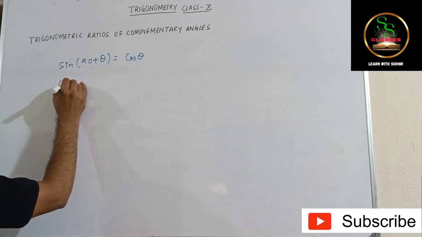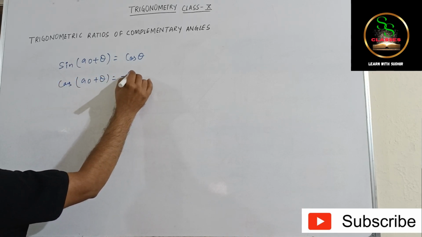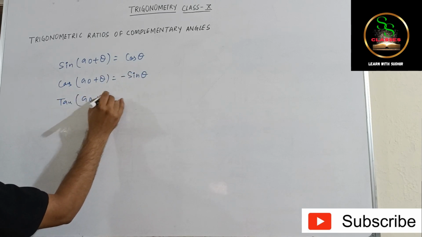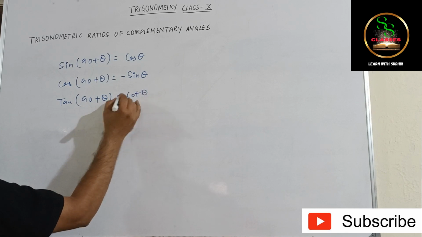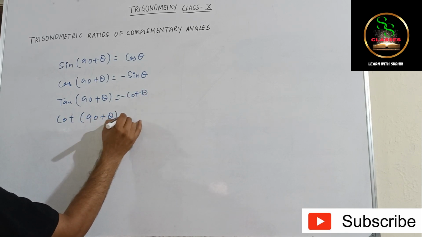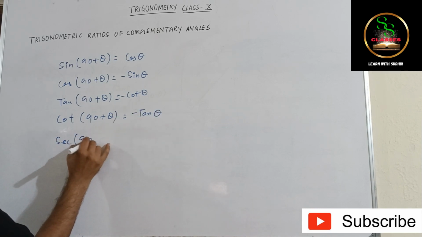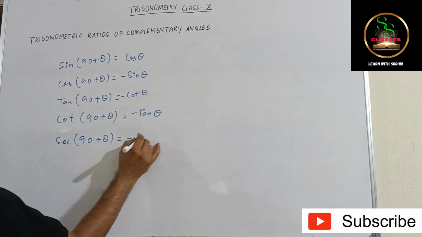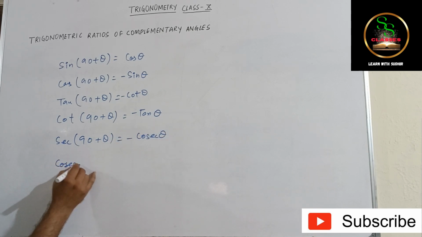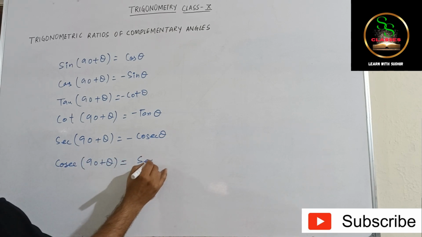Cos 90 plus theta will be negative sin theta. Tan 90 plus theta will become negative cot theta. Cot 90 plus theta will become negative tan theta. Sec 90 plus theta will become minus cosec theta. Cosec 90 plus theta will be plus sec theta.